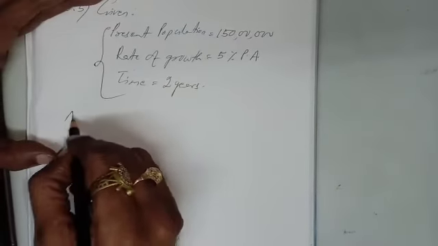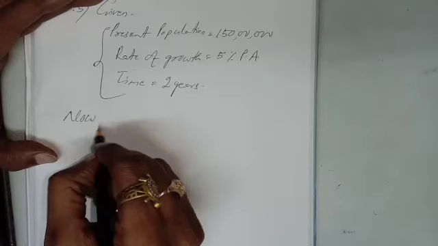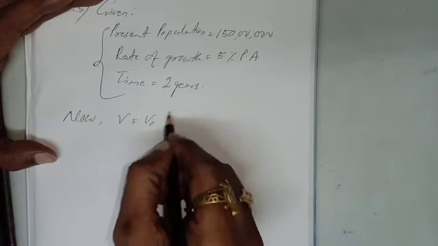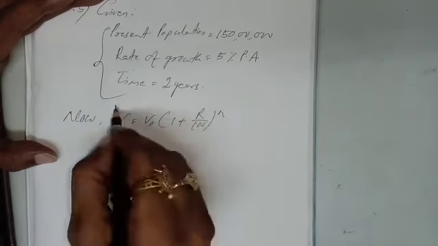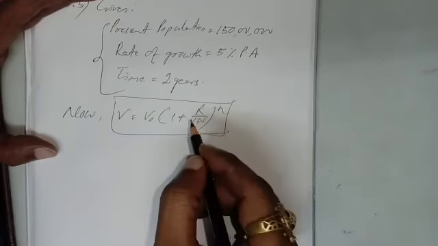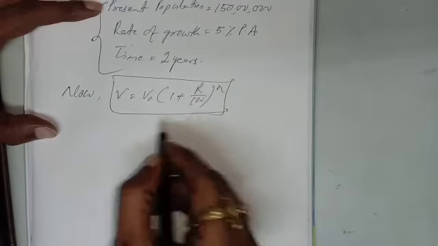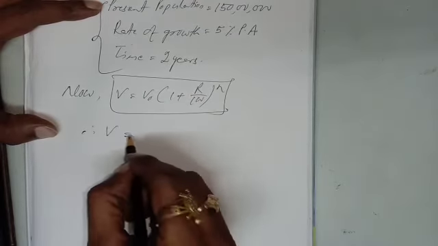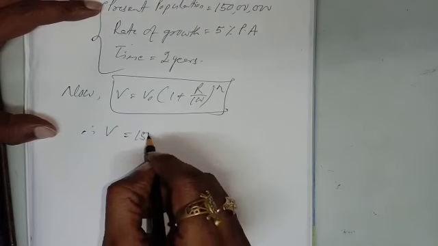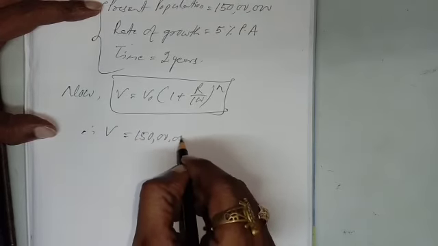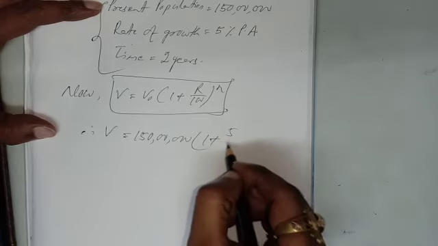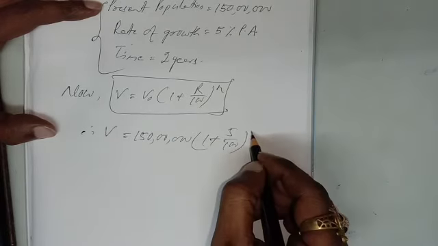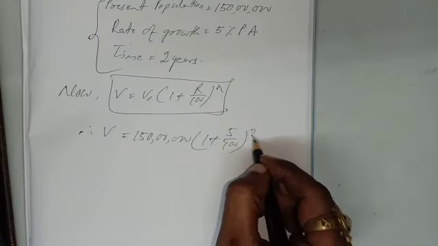Now you have to apply the formula here. V is equal to V0 times (1 plus R by 100) whole to the power n. This is the formula required for growth. Here V means final population, V0 is 150 lakh, (1 plus 5 by 100) whole to the power 2 years.